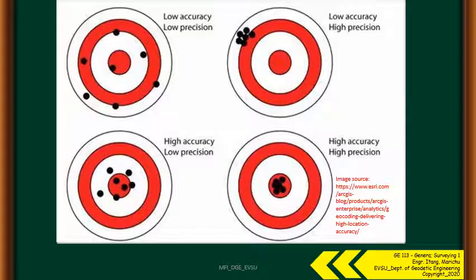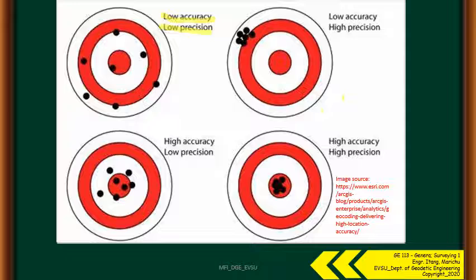So, from the upper left side, andito yung C. Low accuracy, but why? Because they don't hit the target. Low precision because hindi consistent yung kanilang mga position ng mga points. Upper right side, we have low accuracy because hindi nila na-meet yung ating target.